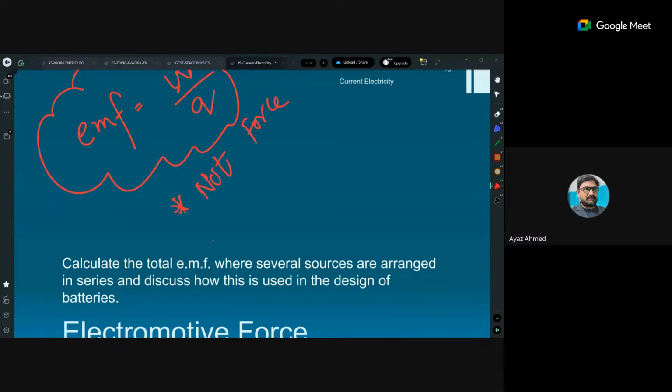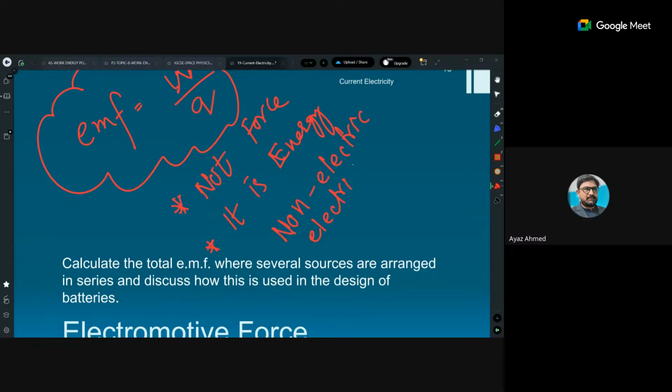Remember one thing, it is energy. There is an MCQ that is asked on this. It is non-electrical energy, and that is converted to the electrical energy of the charge.